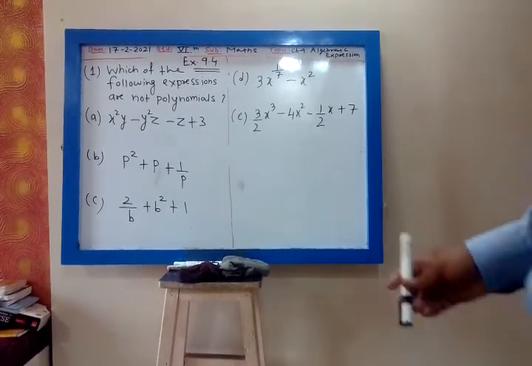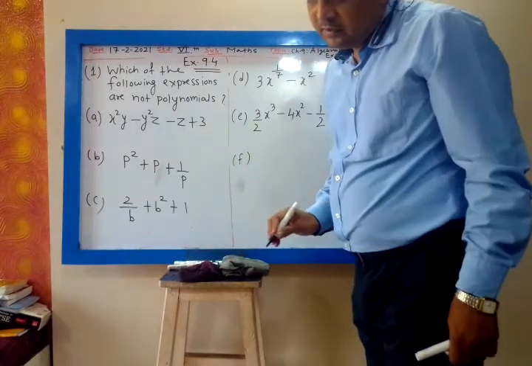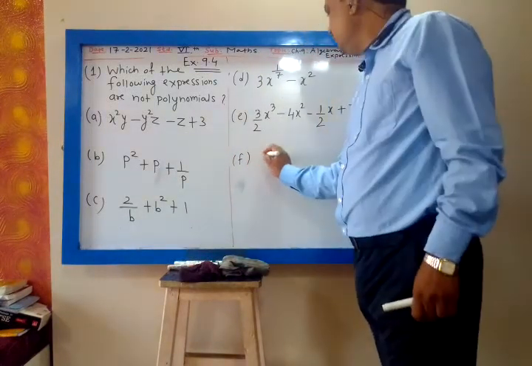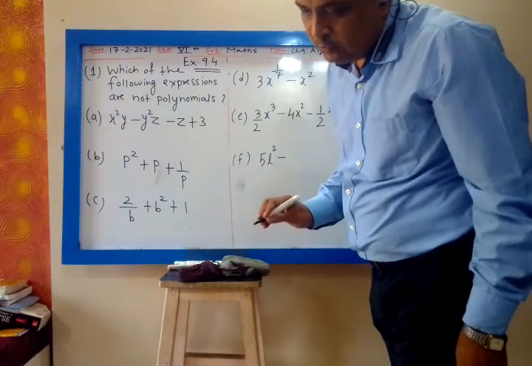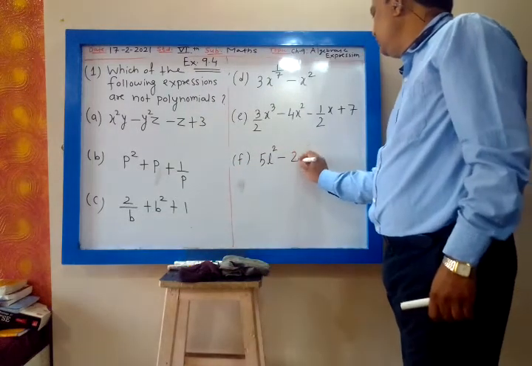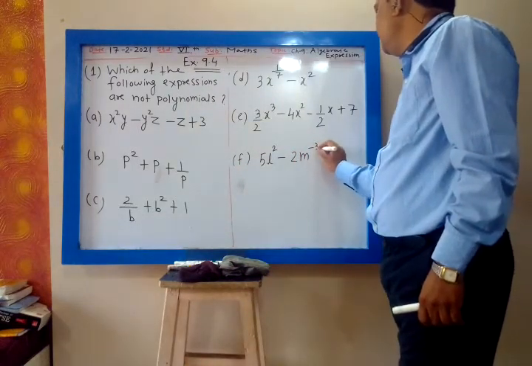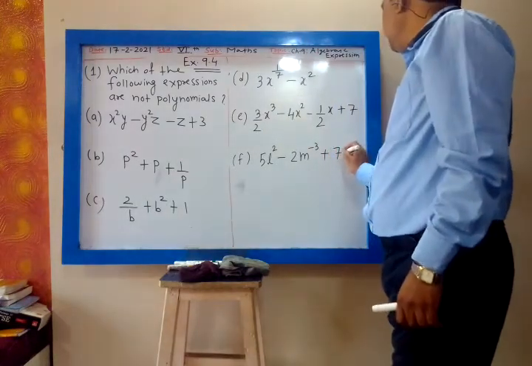Then F: phi L square minus 2m raised to minus 3 plus 7 lm.